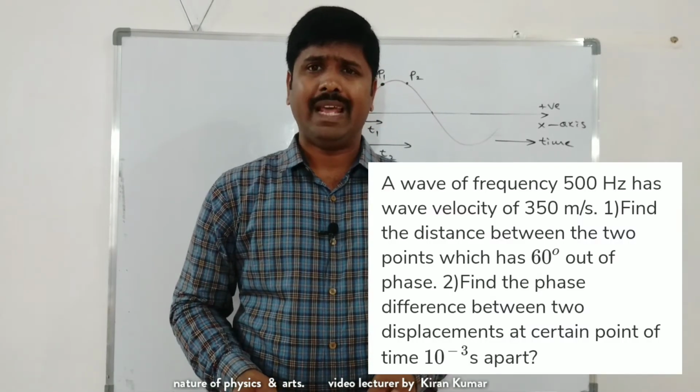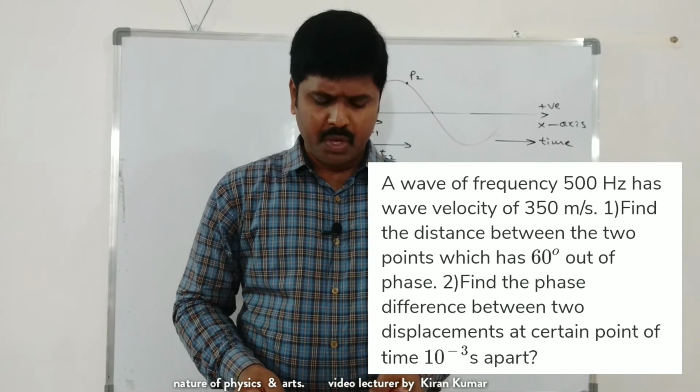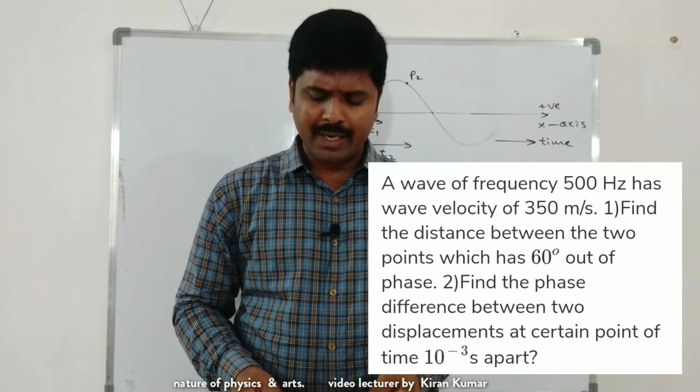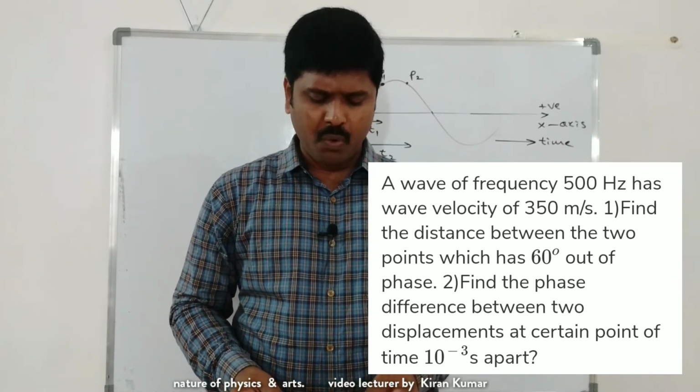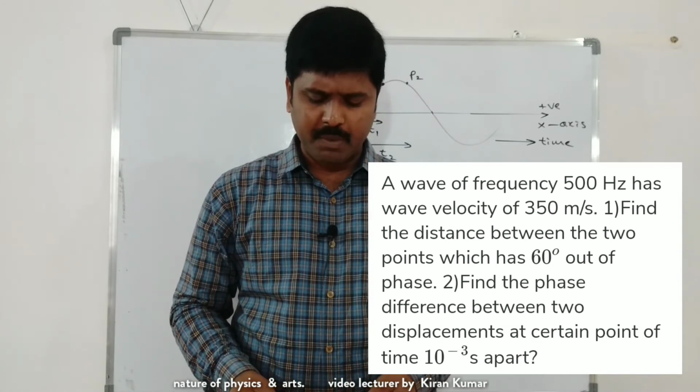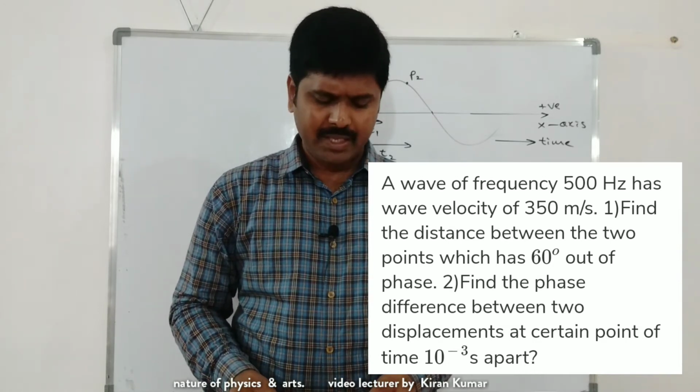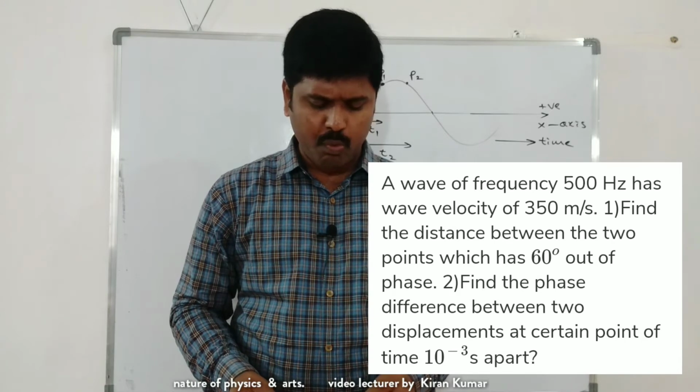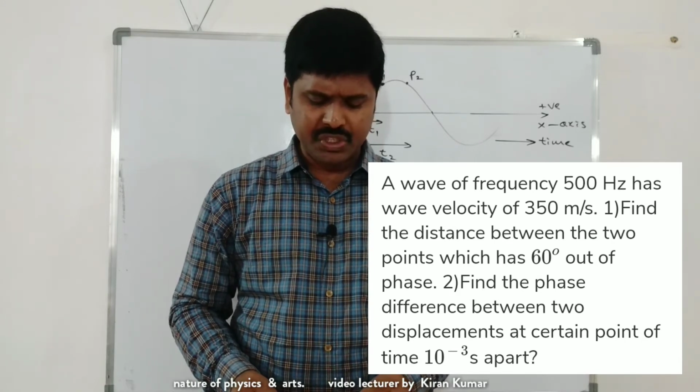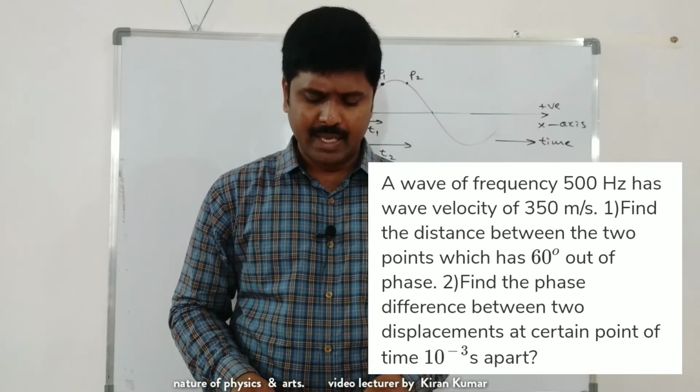Now, one example. A wave of frequency 500 Hz has a wave velocity of 350 meter per second. Find the distance between the 2 points which are 60 degrees out of phase.